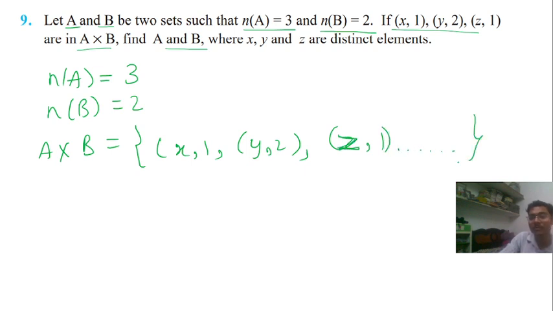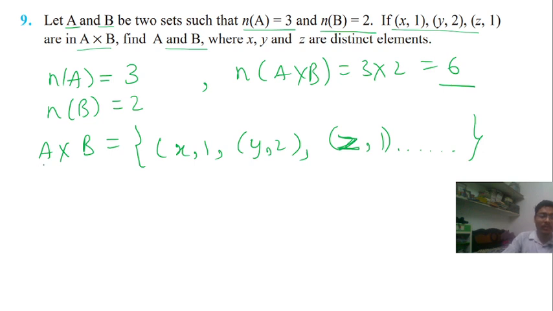and some more elements will also be there, because we can see from here that the number of elements in A cross B will be 3 cross 2, which is 6. They are giving us only 3 elements, and from the definition that we know, the first element of the Cartesian product of any set will be from set A, and the second element of any Cartesian product will be from set B. So we can easily separate these two variables.